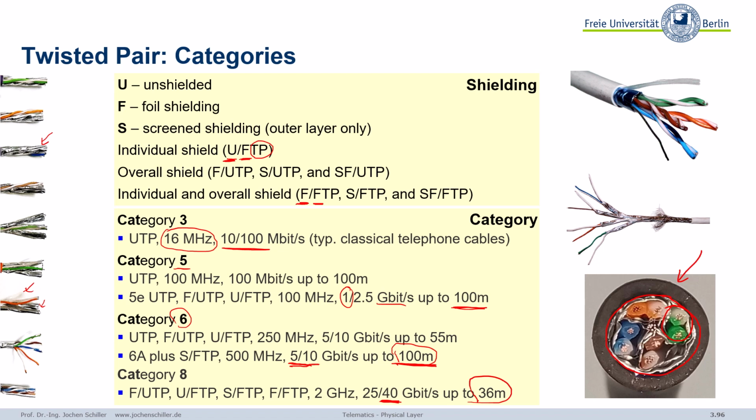That's a completely different game. But here we can go up to 40 gigabit per second, because those cables now offer a bandwidth of 2 gigahertz. 2 gigahertz running over twisted pair copper wires for data centers. So that's pretty much it. Okay, copper wires, twisted pair.